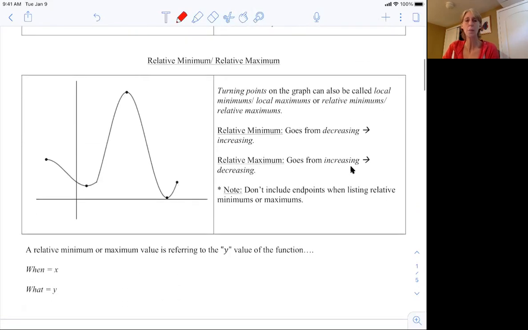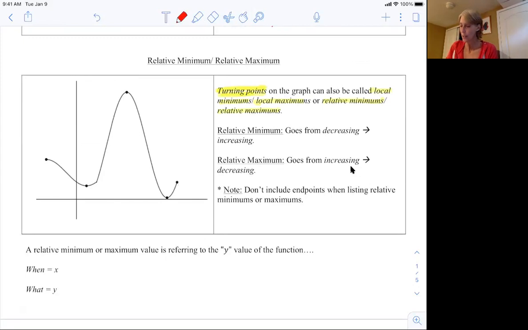Another thing we're going to talk about in this topic today is relative maximum or relative minimum values. Turning points on the graph can be called local max and local mins, or relative minimums and relative maximums. Remember, in order for it to be a relative max or a local max, it has to be a turning point.